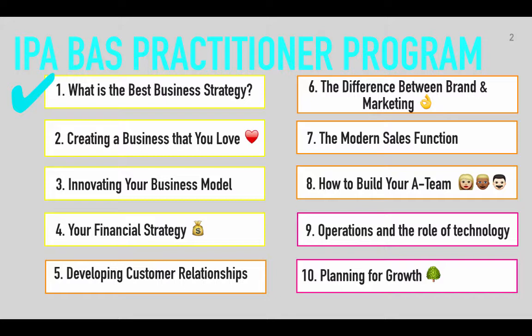We also cover brand and marketing, which are 2 very distinct things. And we discuss the best order for creating our brand and then delivering our marketing to our audience, fitting in with the latest technology. And we know that the role of automation is really having a big impact in the bookkeeping world.